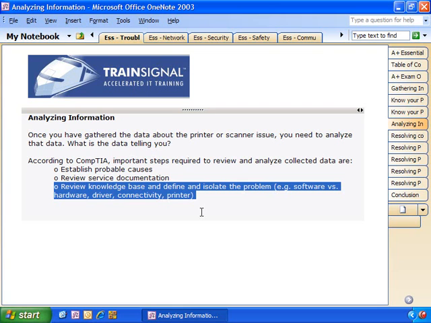I had a situation where we had a large printer and it was working fine, and then one day it just started jamming. And we tried everything, took it apart. We had a certified technician come out. He replaced the parts. We replaced the toner cartridge.